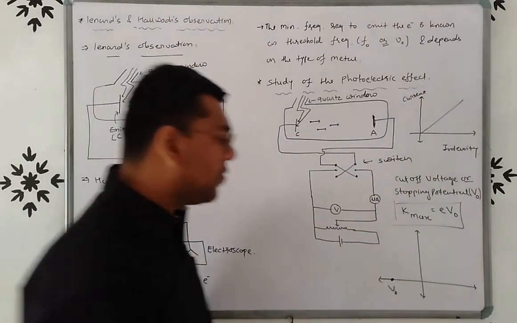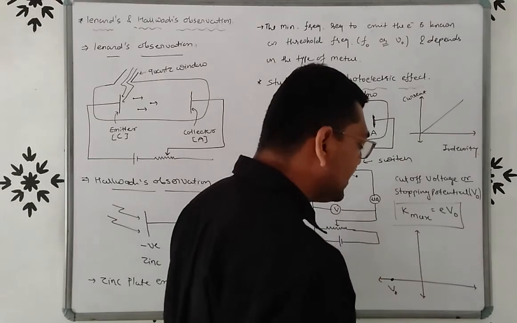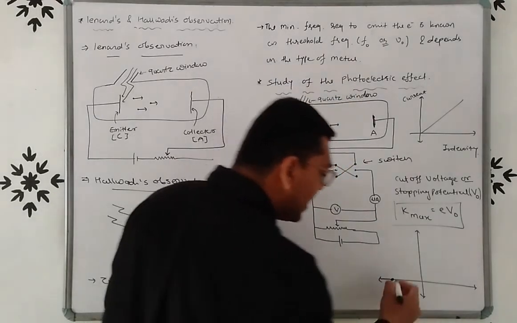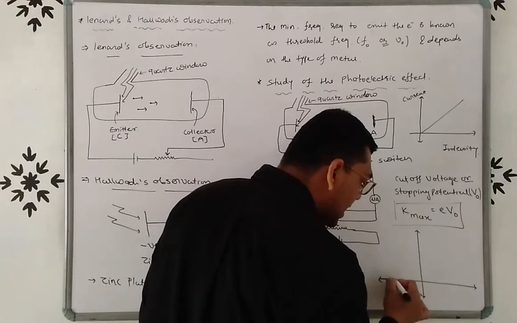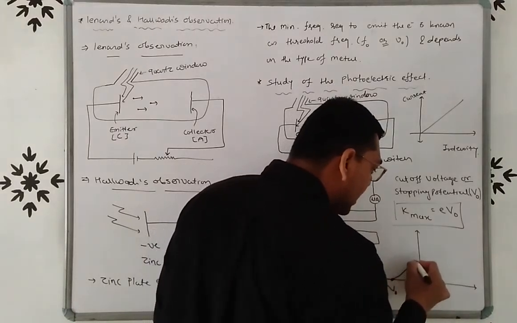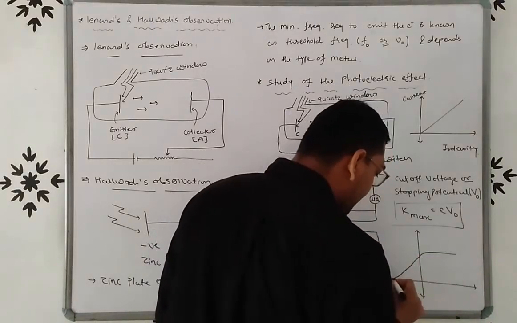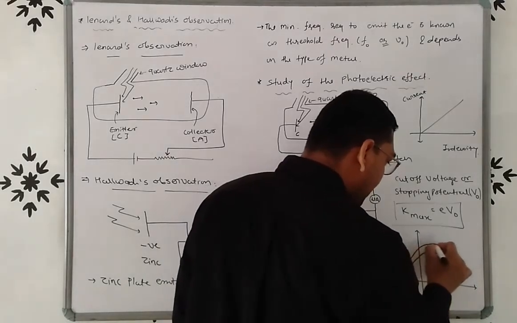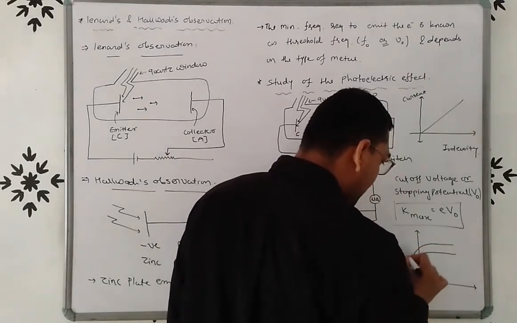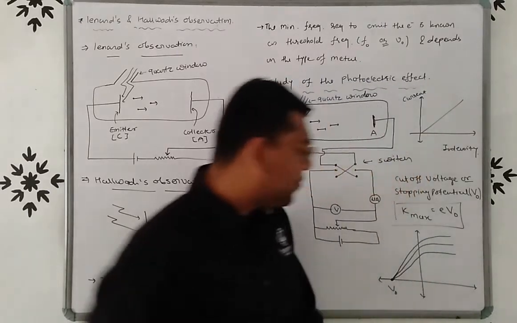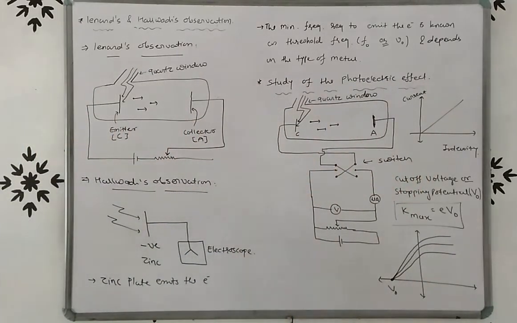So the graph of intensity versus the potential will be like this. There will be no change in the potential, like this. So friends, if we increase the intensity from I1 to I2 to I3, there will be no change in the stopping potential, right?